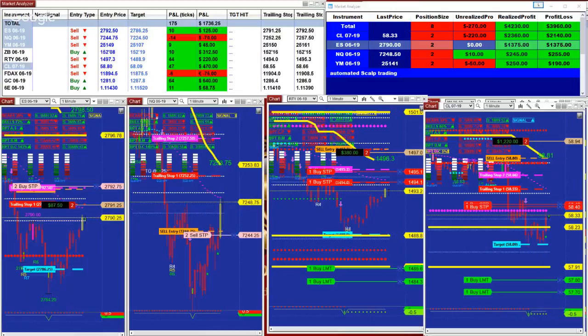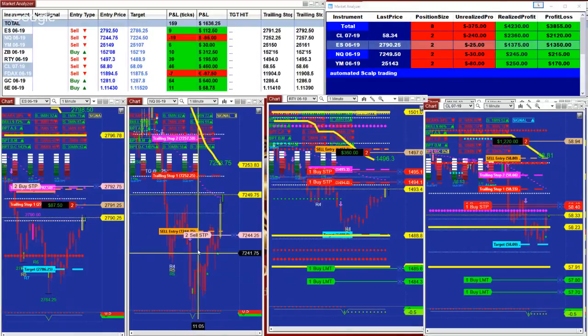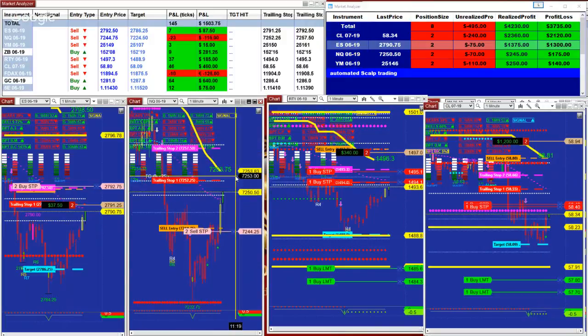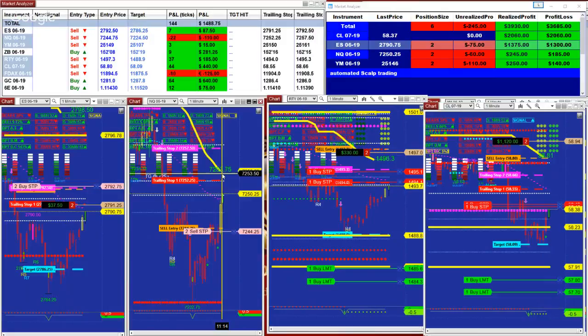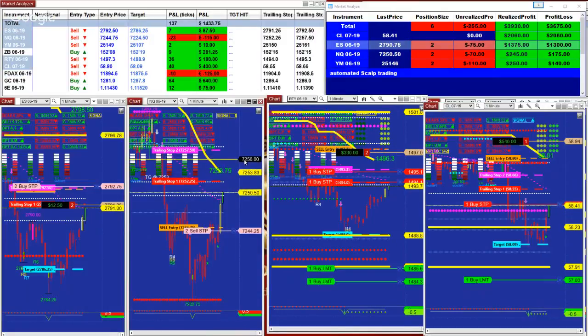You see where I put the order? So if this market wanted to go up, there are two options here we can do. We can go ahead and re-enter the market from the 5350. It's written on your chart.